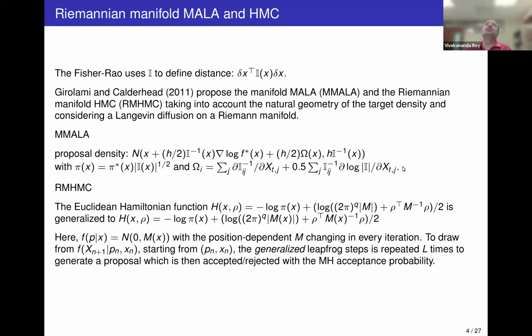Okay, so the point is, there are several examples that have been shown that these manifold versions of those algorithms improve the performance of the Euclidean versions of these algorithms, but they involve high computational burden. And also, these are only applicable for continuous targets because they involve derivatives and so on.